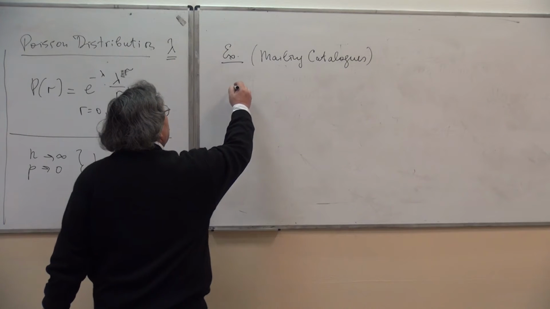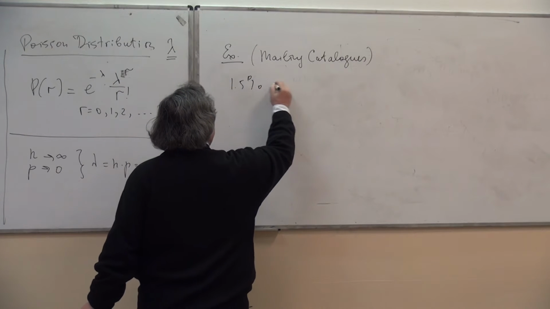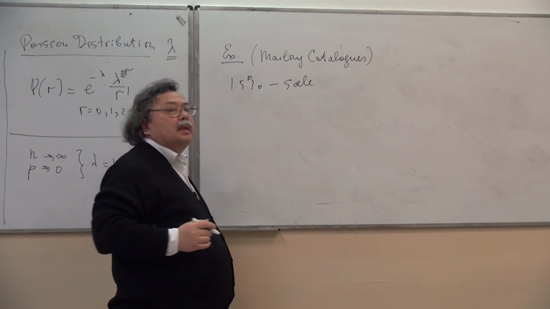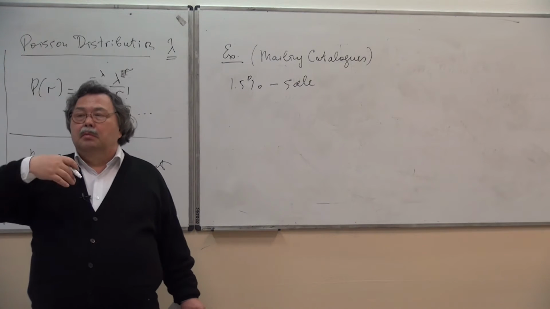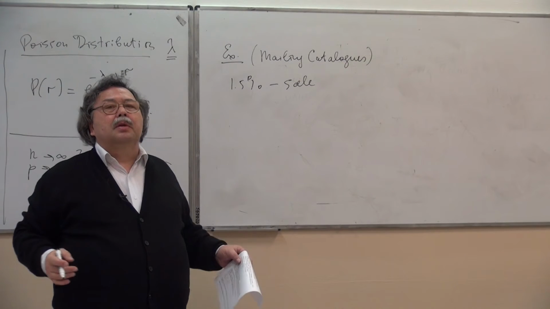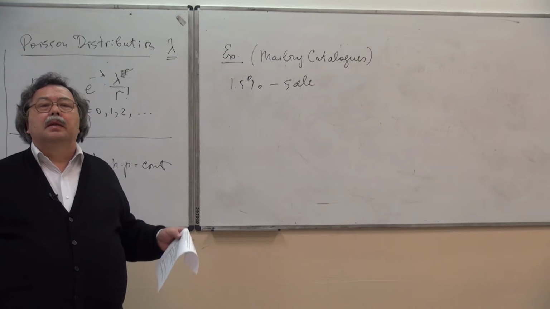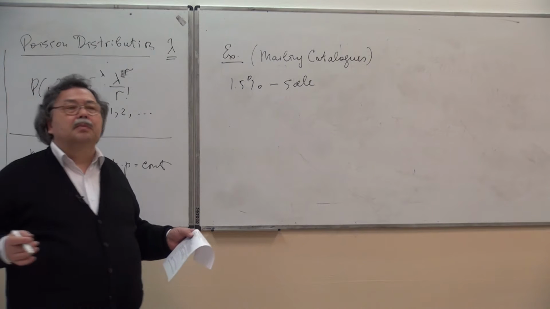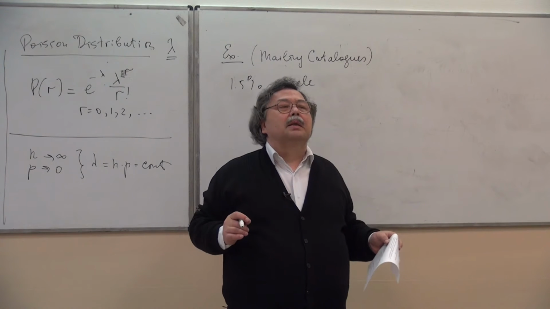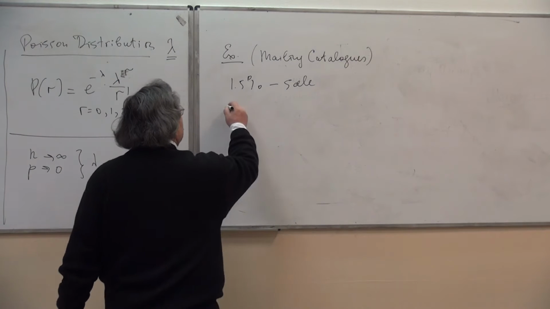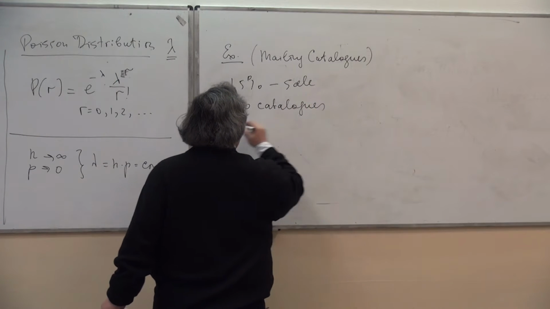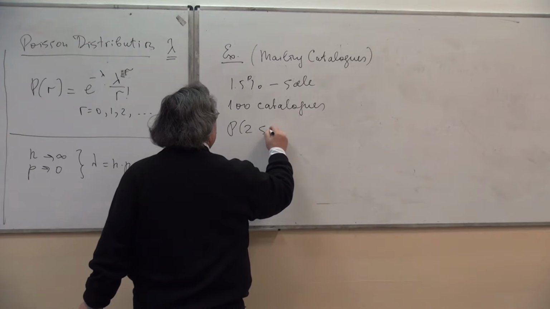So 1.5%, the company gets a sale in response to mailing a catalog. Suppose 100 such catalogs have been sent out. What's the probability that the company gets exactly 2 sales as a result? So 100 catalogs, and what's the probability of 2 sales?